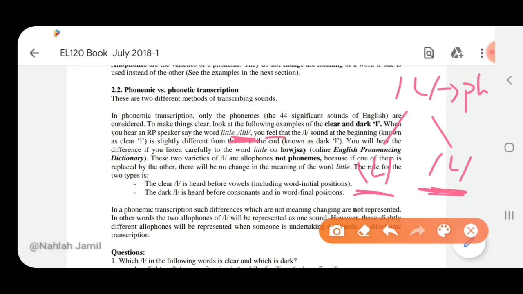So when you see little here, the first L is the clear L and the second L is the dark L.